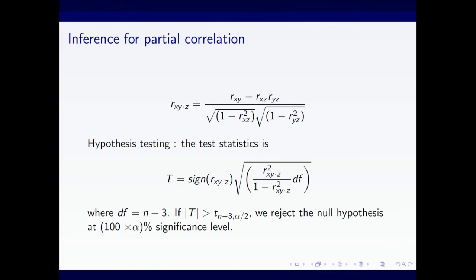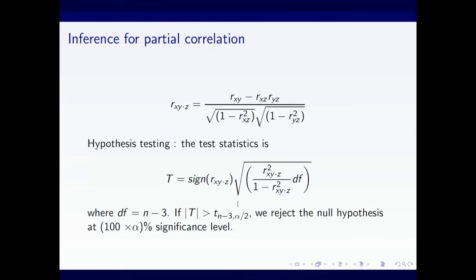So here we have n minus 3 rather than n minus 2 because we have another variable. We have to subtract 1 from the n minus 2 because we lose one degree of freedom by estimating the correlation with z.